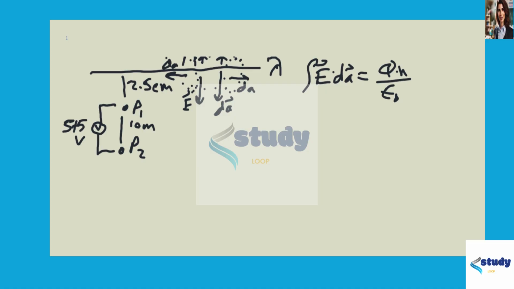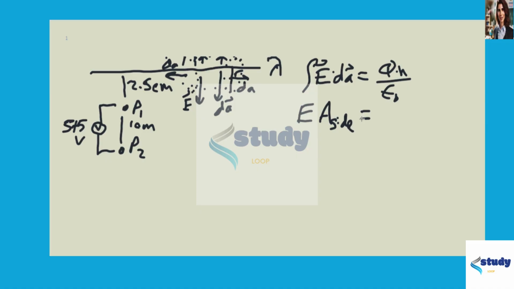Since this is symmetric, our Gaussian surface has a constant radius r, so the electric field will be constant. We can pull the electric field out, and this integral simply becomes E times the area of the side of our cylinder. It's just the side because the end caps were 0, so we don't have to worry about them.